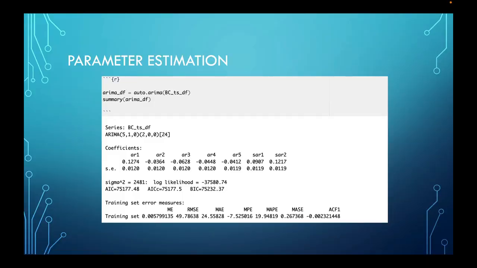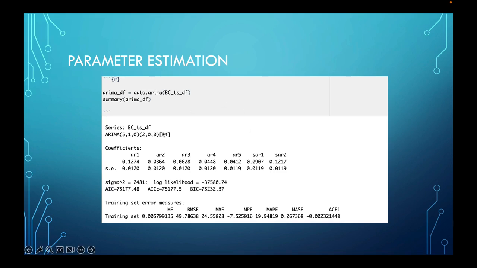Okay, now I will talk about the parameter estimation. Here we use the auto ARIMA method and get the estimate here. The first 5, 1, 0 stand for the order of the autoregression component, the order of differencing, and the order of the moving average component.